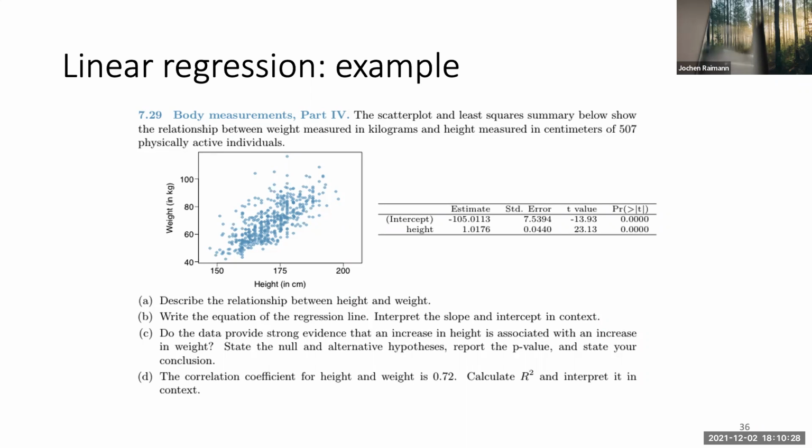Essentially you would continue this line to zero, there you would find your intercept, and you have the standard error up and down along this intercept. No matter how useless this estimate essentially is, because a height of zero having a weight of minus 105 obviously does not make much sense.